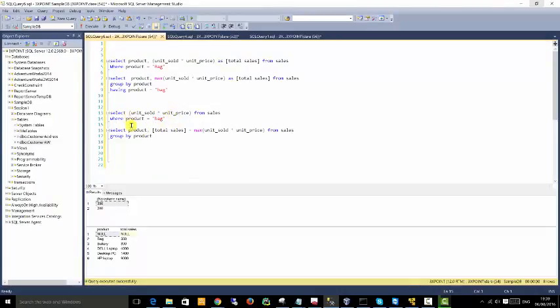The reason why we didn't use group by, you can tell by now, is because we didn't introduce an aggregate function. So it's not summing anything for us, it's only calculating unit sold and unit price together. And we said where product equals bag, even though we're not returning the product column, it still understands that we're filtering it by bag. So that's why this is like that.